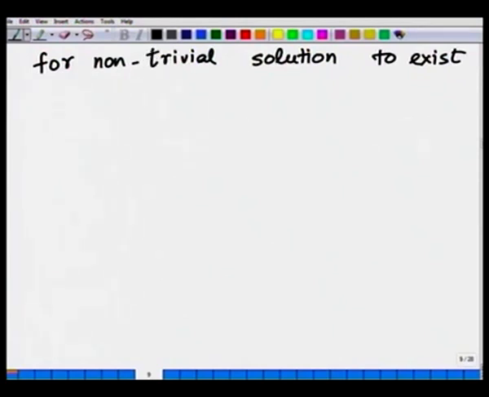So, that is the condition. In order for a nontrivial solution to exist, that is the condition we are interested in, more than the solution. We are interested in what the condition for solution is.